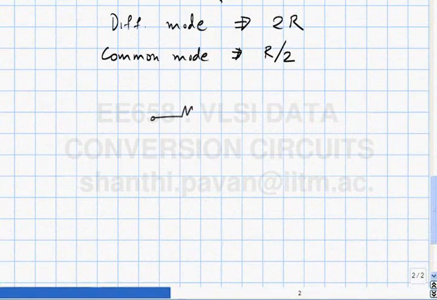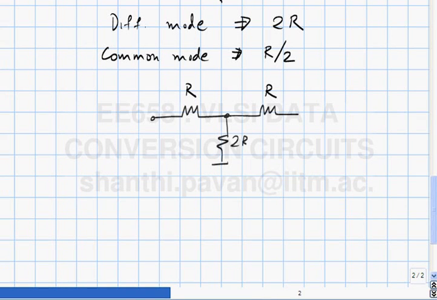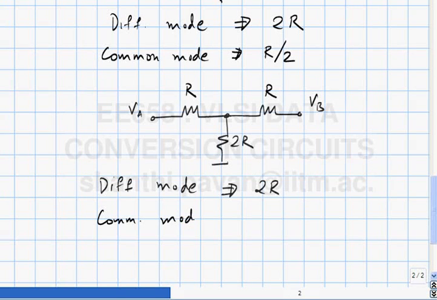Now, what is the differential mode impedance? R. What is the common mode impedance? It's 2.5R, right? So the impedance offered to differential mode signals can be very different from the impedance offered to common mode signals.